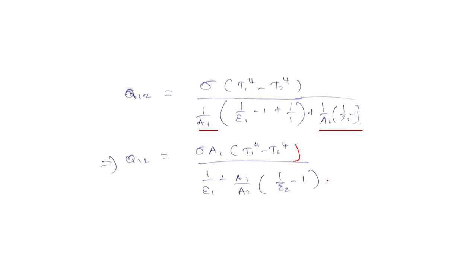Now for a cylindrical surface, we know the area of a cylindrical surface is 2 pi r L, so we can use 2 pi r1 L for A1, and for A2 we can use 2 pi r2 L.